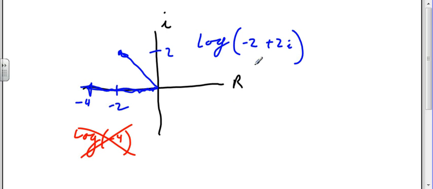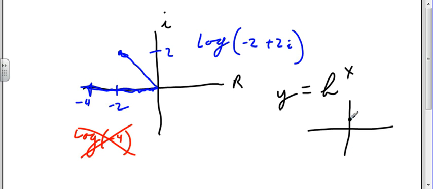Okay, now when I was doing the graphing and I had y equal to b^x, I was saying, well, this guy is always going to pass through 1, and look something like that, maybe, or something like this, depending on whether I'm positive or negative there on my x, or my b. The log guy is going to do the same thing, but he's going to pass through 1 at 0.